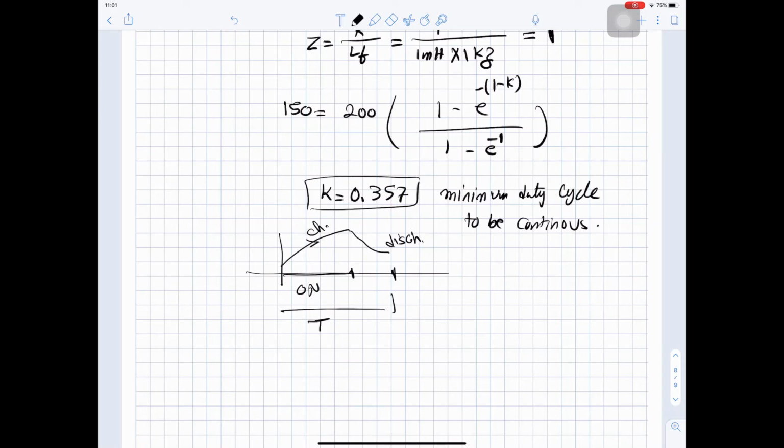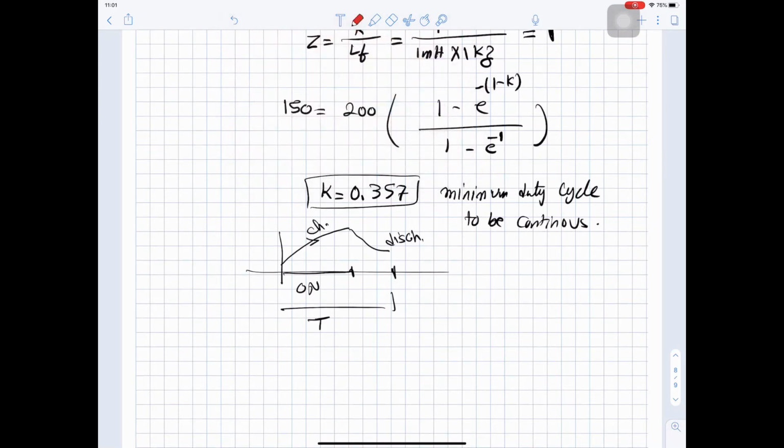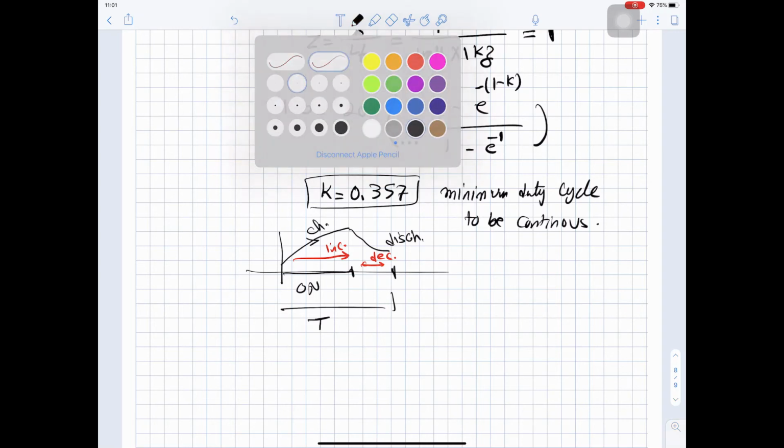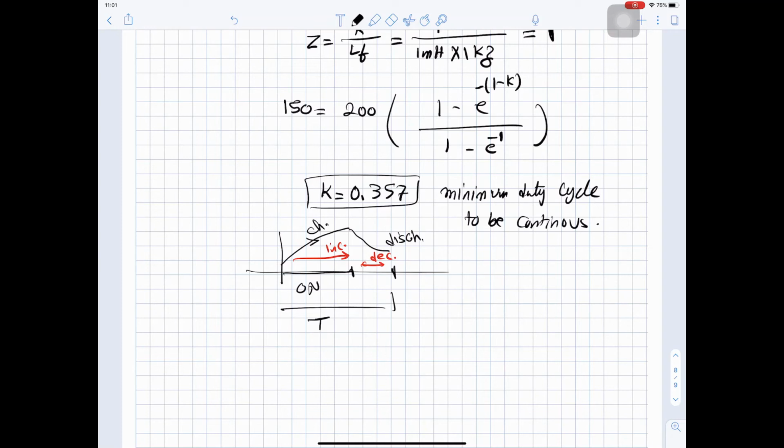To be continuous, you need to increase the charging time and decrease the discharging time, so the current will not go to zero faster. And to increase the charging time and decrease the discharging time, K has to go up to be continuous. That's why this K is K minimum.